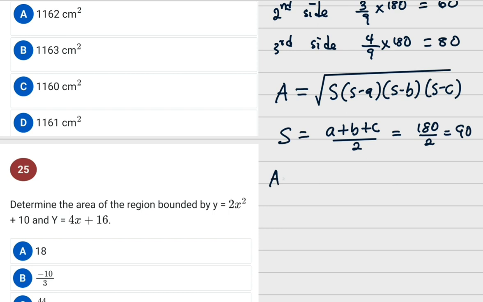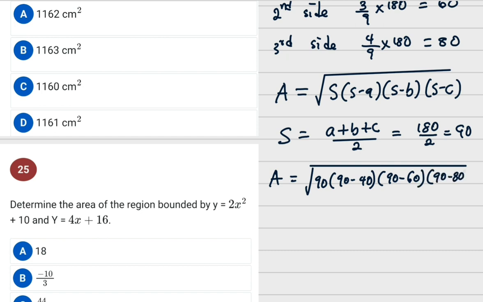So therefore my A will be, I'm going to have all root of, we have 90 into 90 minus 40, then into 90 minus 60, then into 90 minus 80.